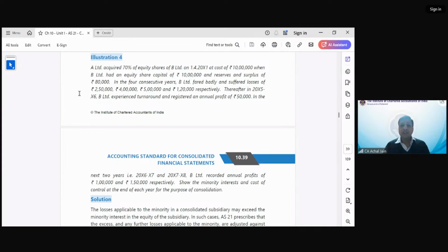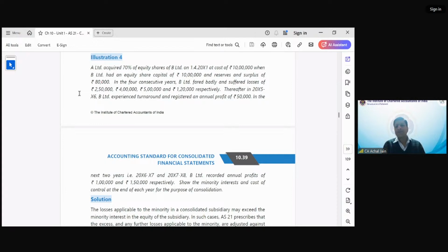In the 5th year, B Limited experienced a turnaround and registered an annual profit of 50,000. So B Limited has moved into profits. And in the 6th and 7th year, means X6, X7, X7, X8, B Limited recorded annual profits of 1 lakh and 1,50,000 respectively.